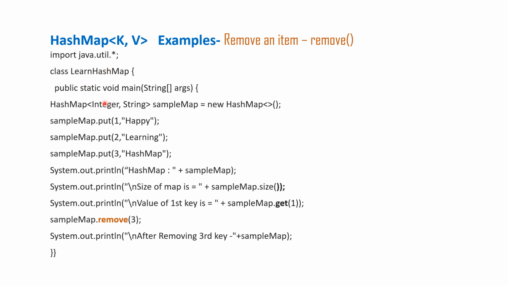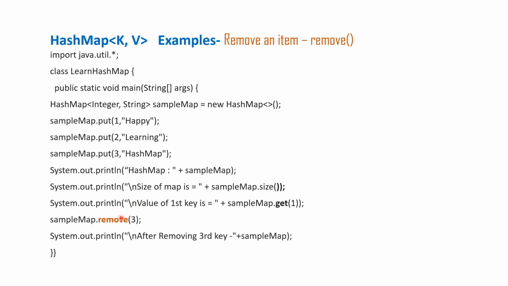The same thing, we are creating the HashMap, putting the entries of data, printing the sampleMap and size of the map, getting the first value in the map, and I'm removing the third key here, the third entry. Here also the created object we have to take, that is sampleMap dot remove. It is giving a remove method, right?